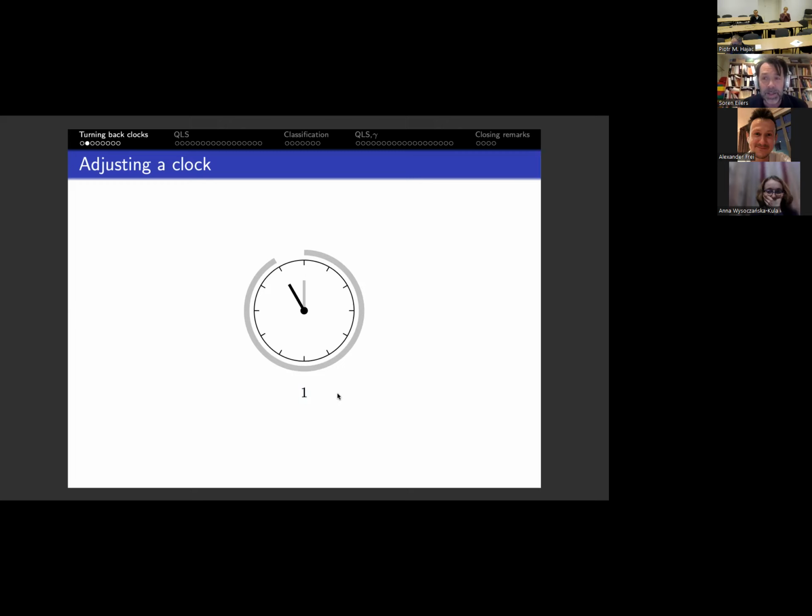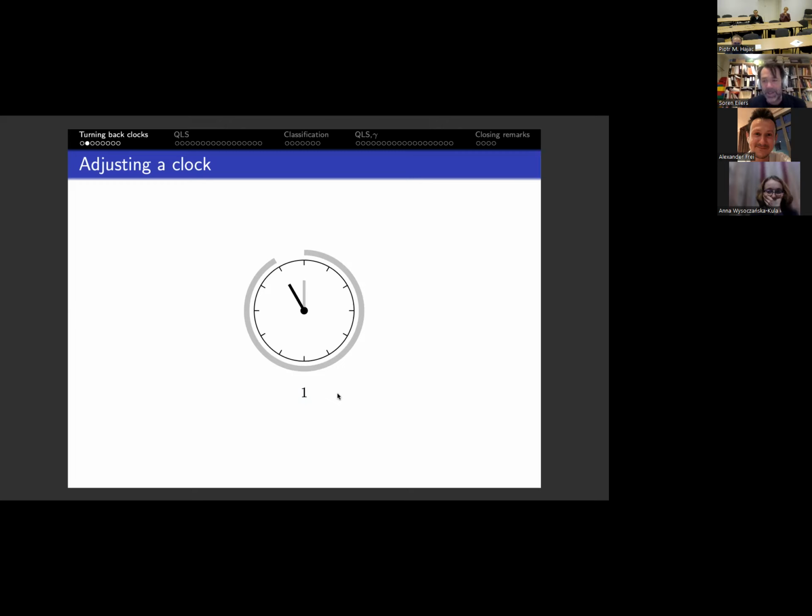I take the hand and turn it clockwise from 12 o'clock until I'm at 11, right? Because I cannot go backwards, and I cannot go twice around, because then I would get a noise and wake up the entire family. This is a very simple mathematical problem with a very simple mathematical answer. There's one way of doing this.